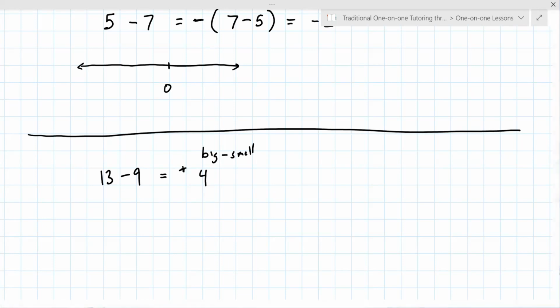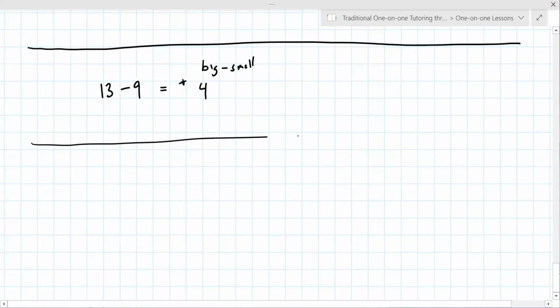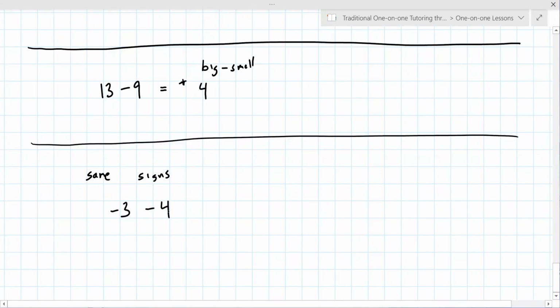Okay, so now the other case is if they're the same signs. Here's what I mean by that. -3 minus 4. These are the same signs, negative and negative, or really it's a subtract.